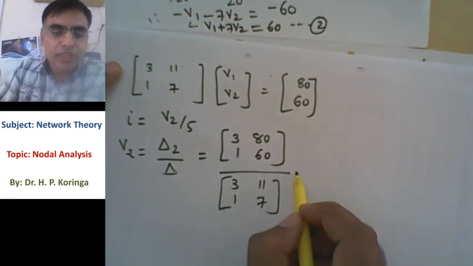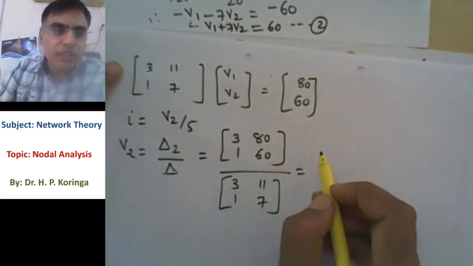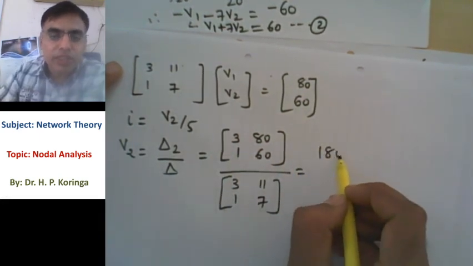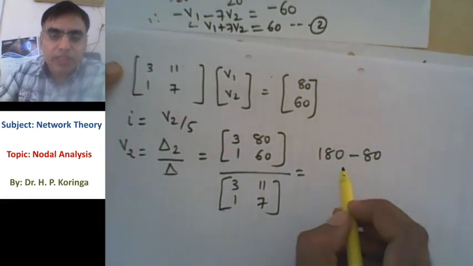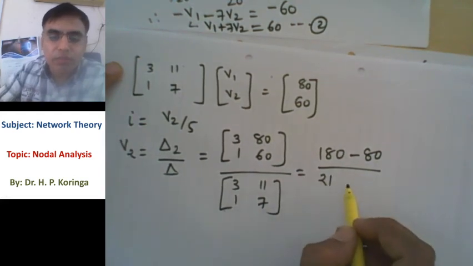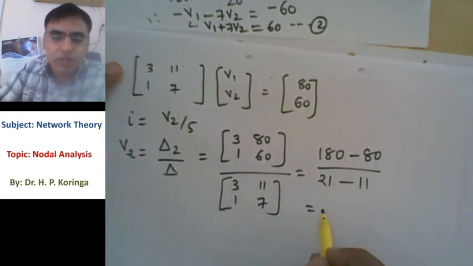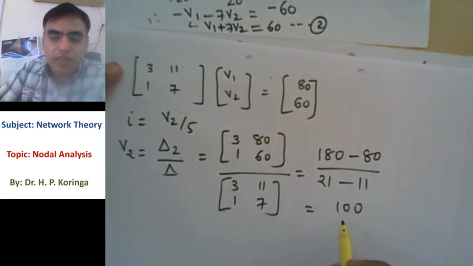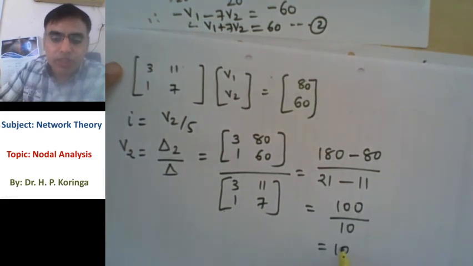Divide by delta. So here 3 multiplied by 60 is 180 minus 80 divided by 7 multiplied by 3 minus 11 times 1. So it is 100 divided by 10, so it is equal to 10. So V2 is equal to 10 volt.